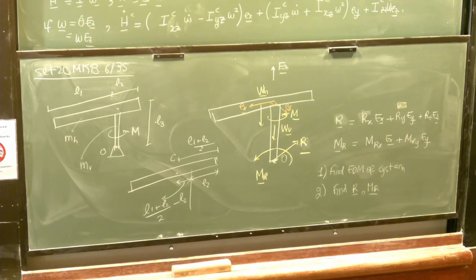Negative EY direction. Is it? Shouldn't there be a reaction force along EZ also? EZ is the one counteracting the weight. Okay. Yeah. Okay. Do you want to do the next problem?